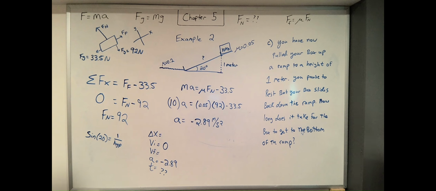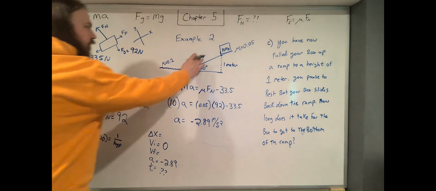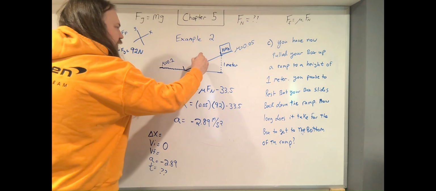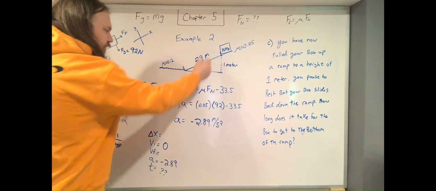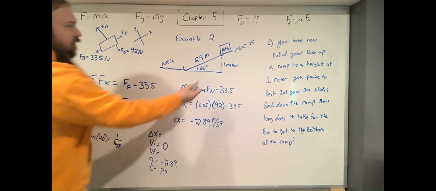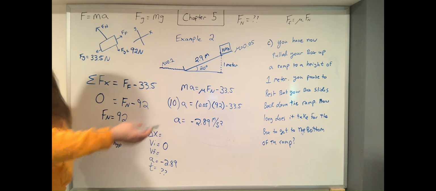All right, we can do that. Just plug it into your calculator. 1 divided by the sine of 20 gives you 2.9. I'm just going to put it up here. 2.9 meters. That's our delta x. That's how far the box traveled, because it says how long does it take for the box to get to the bottom of the ramp.